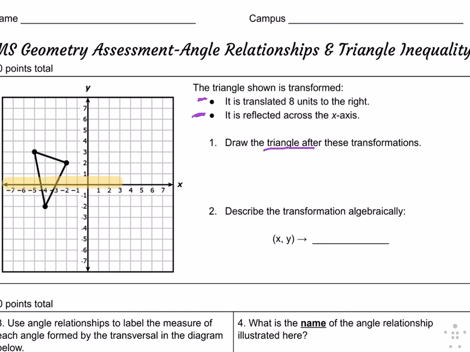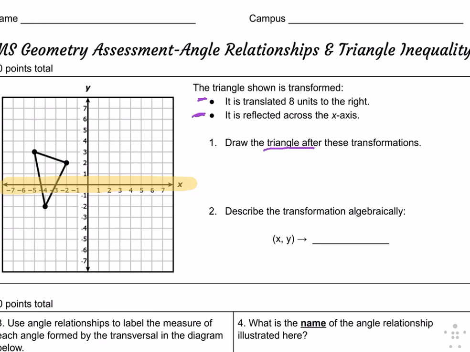I'm going to highlight the x-axis because I want you to be aware that it is the line you are going to reflect across, and I'm going to do that after I translate the triangle. To move it 8 units to the right, you put your pencil on the 3 vertices and move each one 8 units to the right.